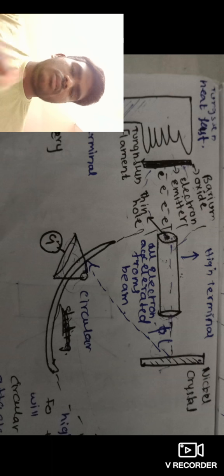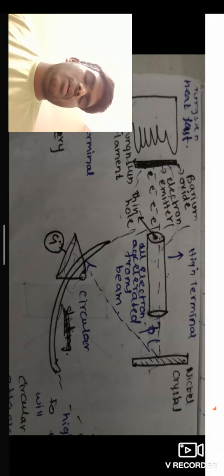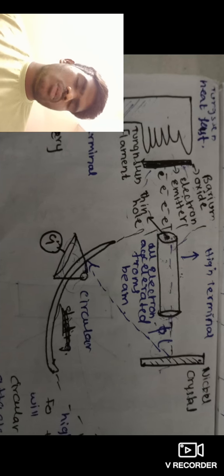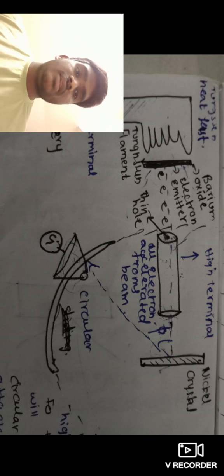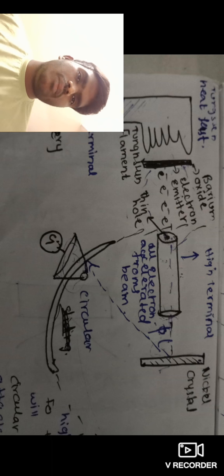So we put barium oxide beside the tungsten. Now the heat goes into the barium oxide, and the electrons come out from it. There is a chance of electrons going around, but we want the electrons in a beam path.